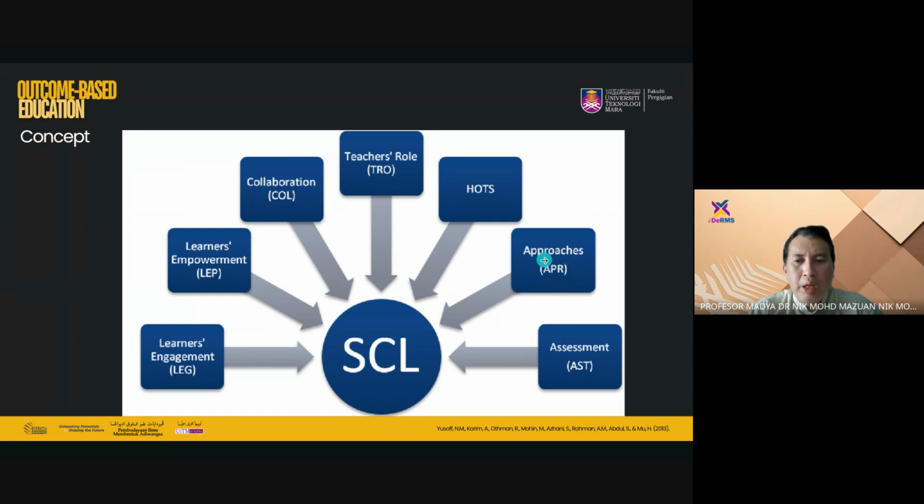Approaches. I mentioned to you about the approaches that we have. Student-centered learning is all about the student, and if you want to do patient-centered learning, for those who have a patient in the ward or a patient attending the dental clinic, you can take patient feedback, you can get the patient to be part of the learning.